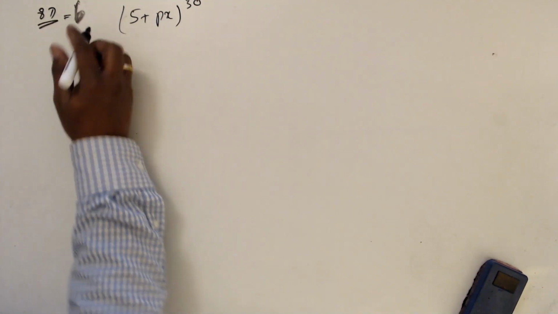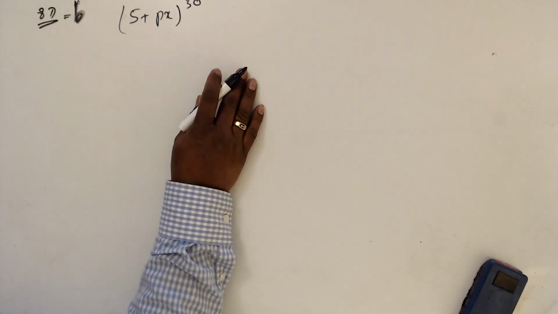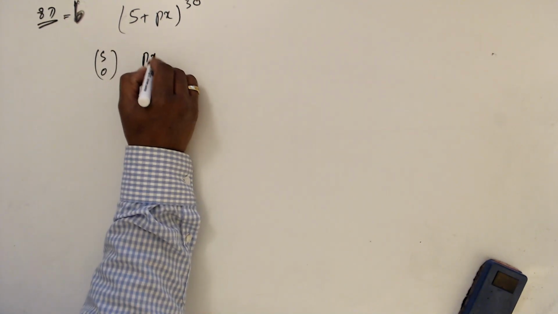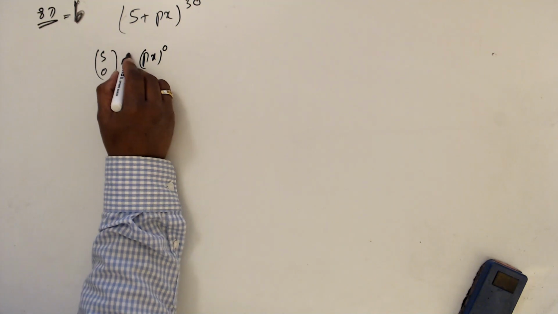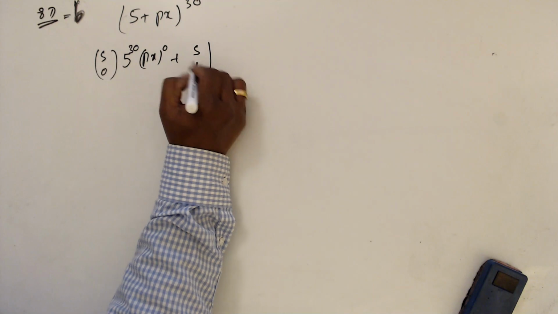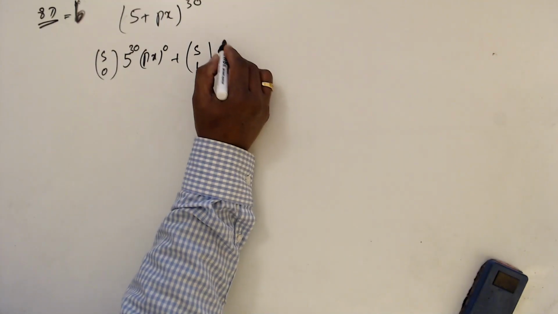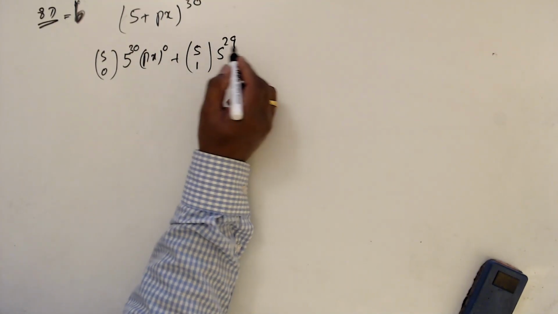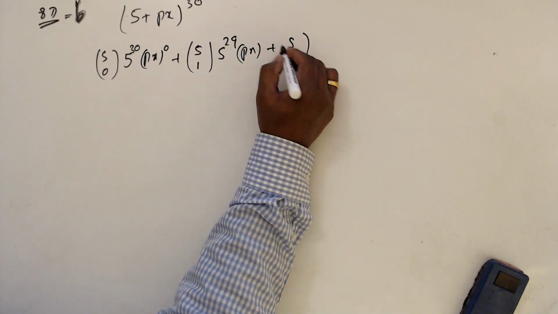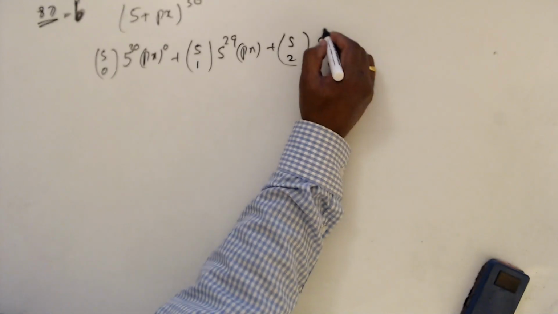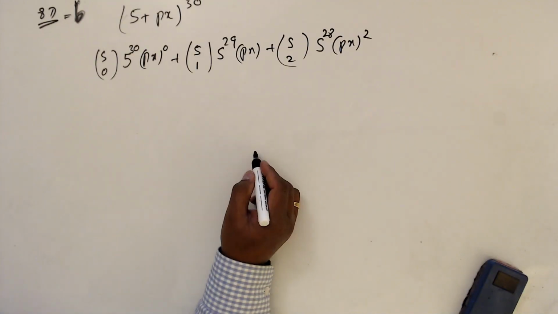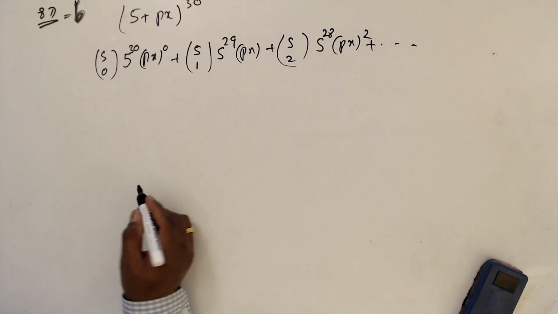We want to write the first 3 terms, this is question number 6. So 5 is 30C0 times 1 to the power 30, and 30C1 times 1 to the power 29 times px, and 30C2 times 1 to the power 28 times px square, plus dot dot dot.